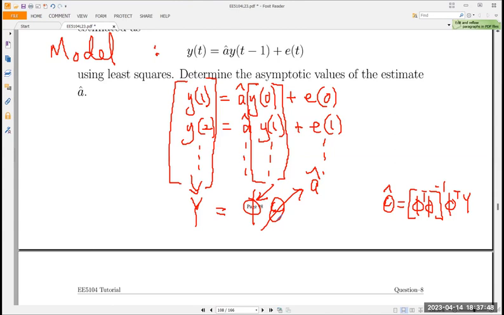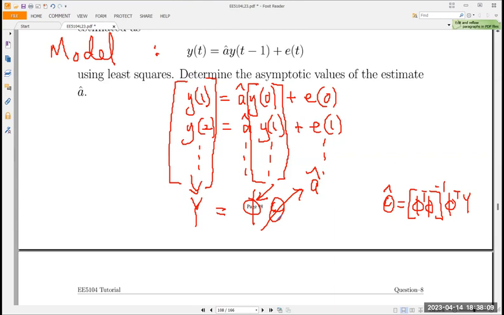So if you stick in y equals 1, 2, 3, 4, and so on, all the way up to t, and phi as y 0, 1, 2, 3, and so on, all the way to t, and you stick it inside here, and then this you stick as a.